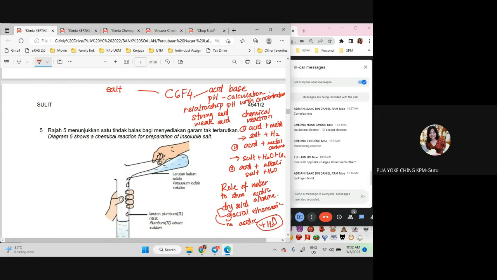So anything I left out for the acid and base part? I think that's all for acid and base part. Okay. One more is your acid base indicator. Okay. Phenolphthalein, universal indicator, tolong hafal warna. Last, lupa.